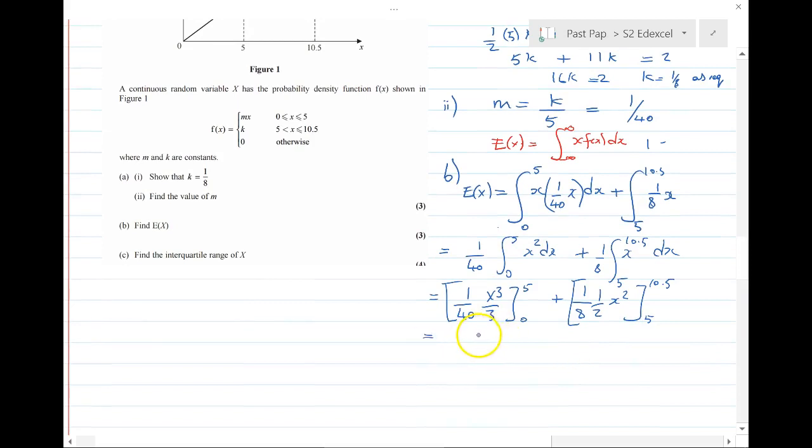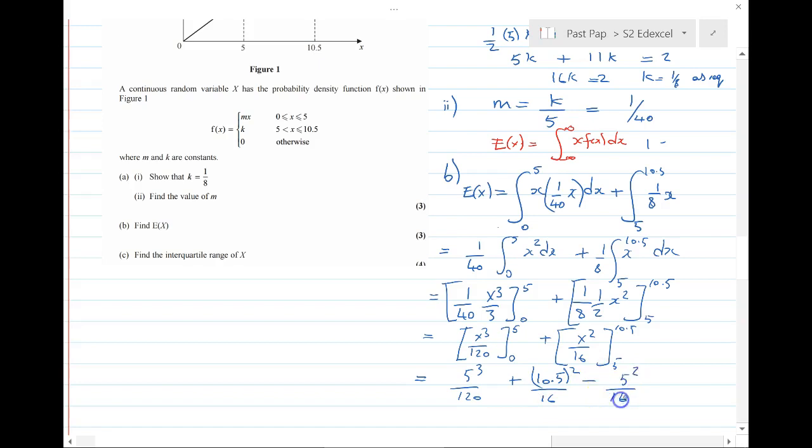So that equals x cubed over 120, 0 to 5, plus x squared over 16, 5 to 10.5. Because the zero limit doesn't have a value, it's going to come to 5 cubed over 120 plus 10.5 squared over 16 minus 5 squared over 16. That comes to 1223 over 192.